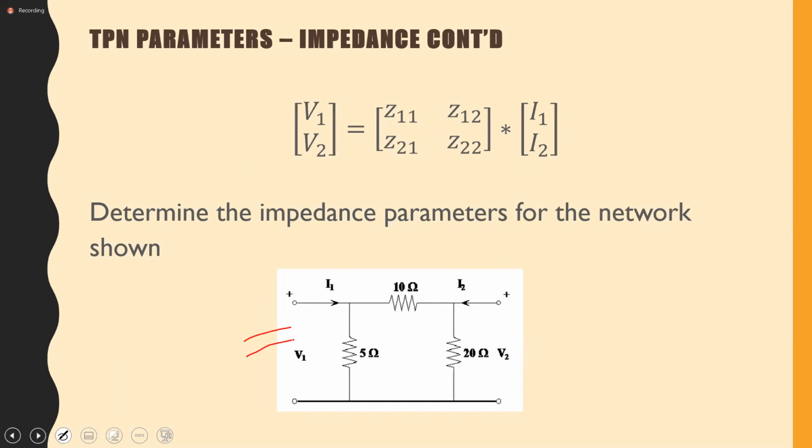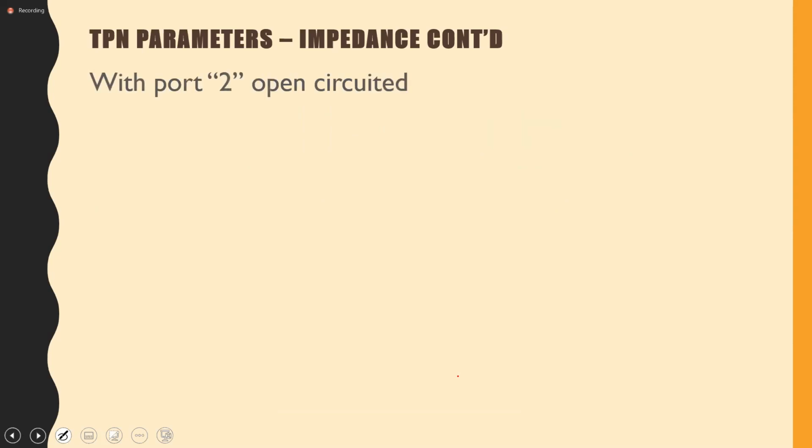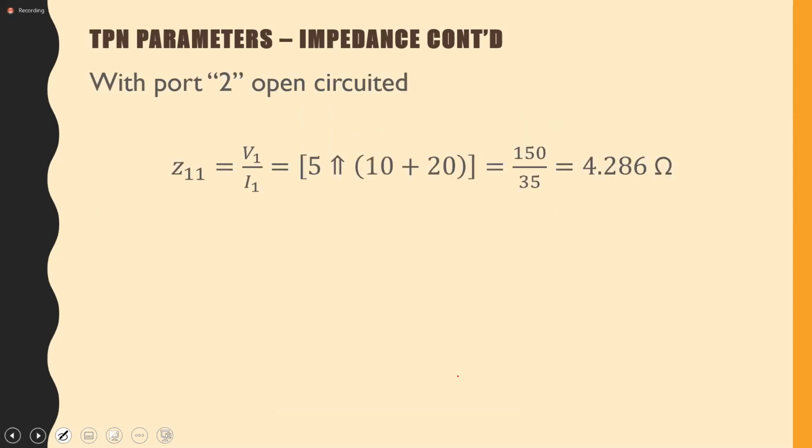So if I'm looking into this port, yes, it will be 5 in parallel with these two in series. Not too sure why I even went to the decimal, but Z11 is 150 over 35.